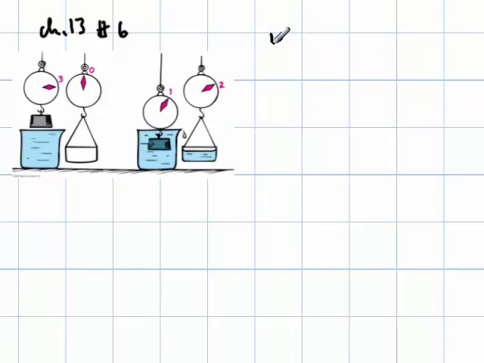So the mass is 2.0 kilograms, and the apparent mass, that's why they put that in quotes, is 1.5 kilograms, because this is really not the true mass, but it's the weight minus the buoyant force, and then the equivalent mass to that.